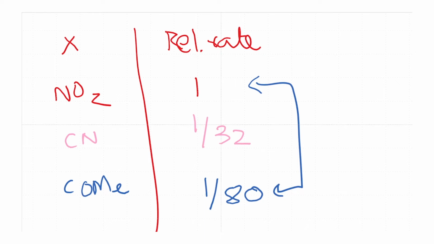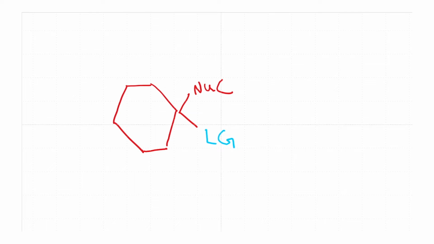So what does this mean in terms of the reaction? Let's look again at the key intermediate that is formed. When you have a nucleophile that is attacking and a leaving group that is leaving, let's imagine that the first species produced is shown here, with the negative charge here.